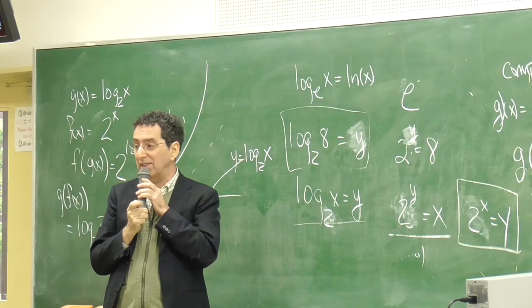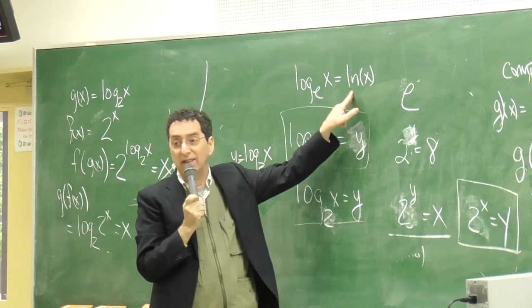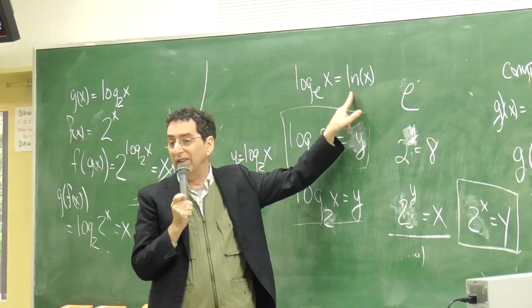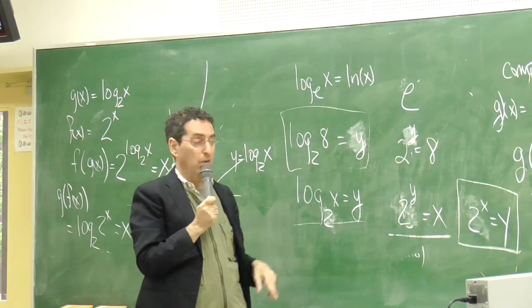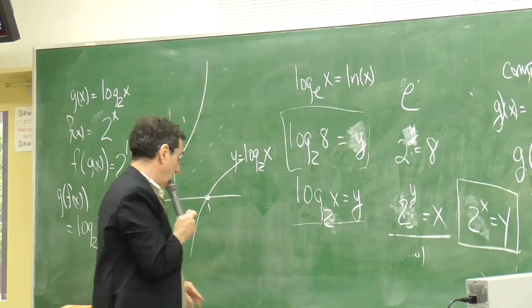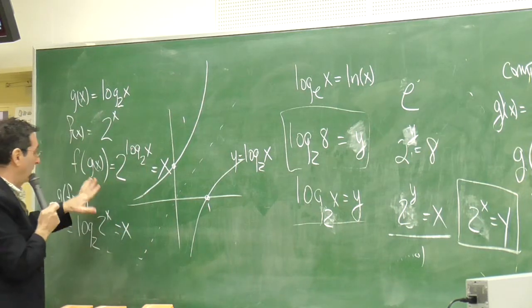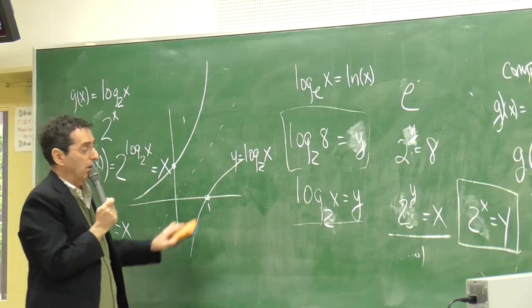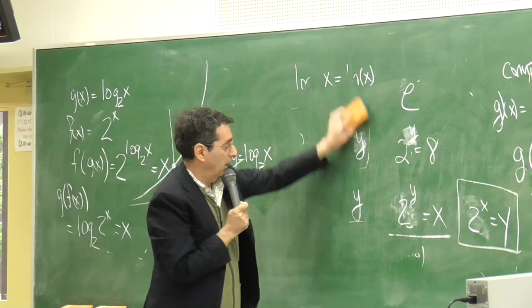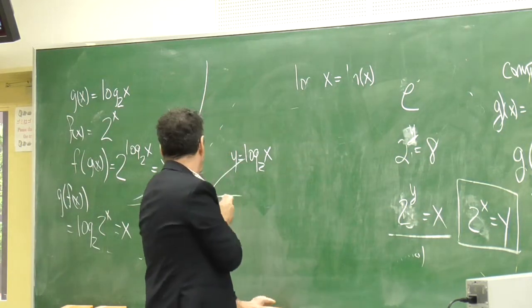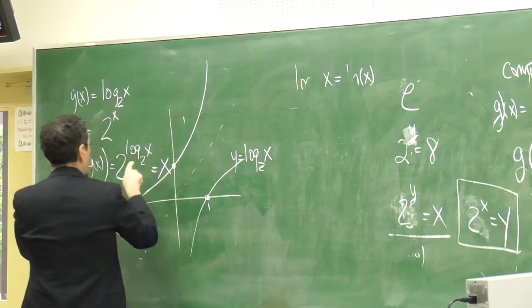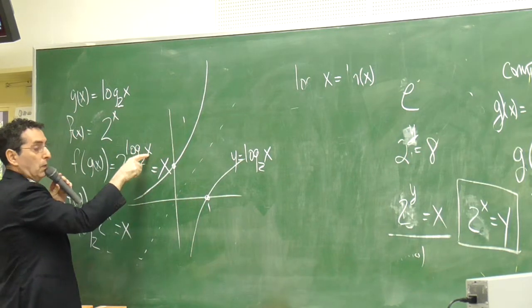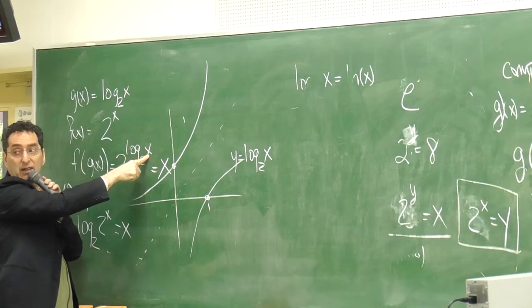So when you write base E, you can write it like this. Okay? So let's write these out when we're using base E instead of base 2. So this is not log 2x, it's ln x, right?